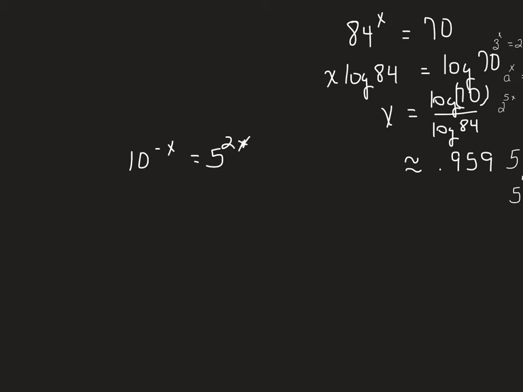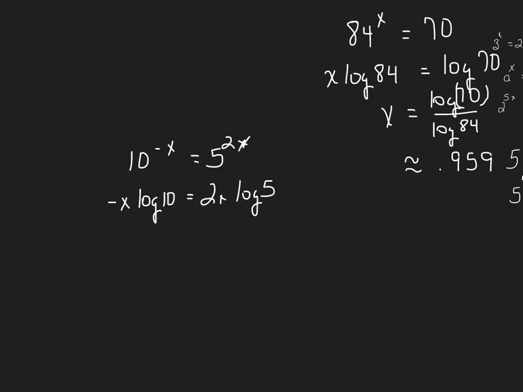Now let's think about this. With 2 different bases and variables in the exponent on both sides, let's see what happens if we take the log of both sides. Well, we'll have negative x times the log of 10 is equal to 2x times the log of 5.